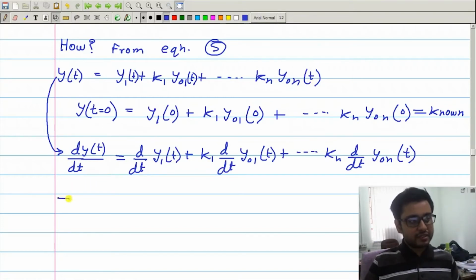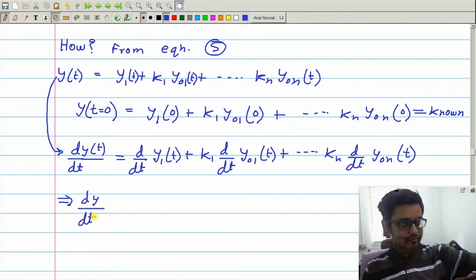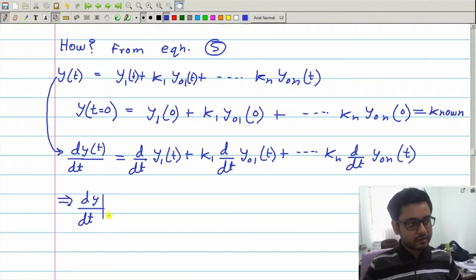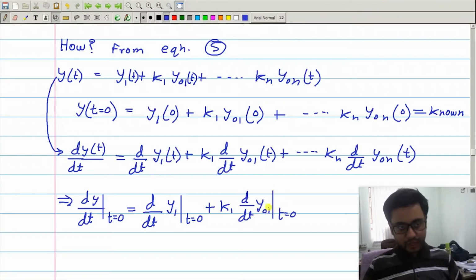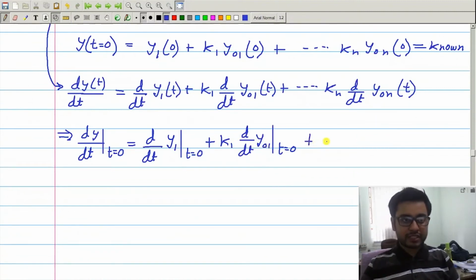And from this, now if I put t equal to 0, similarly the right hand side evaluated at t equal to 0 plus k1 times this term evaluated at t equal to 0 plus so on.